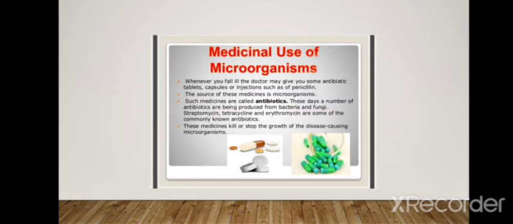So antibiotics are medicines that are used to kill or stop the growth of disease-causing microorganisms. Antibiotics are produced from bacteria and fungi. Streptomycin, tetracycline, and erythromycin are some of the commonly known antibiotics.